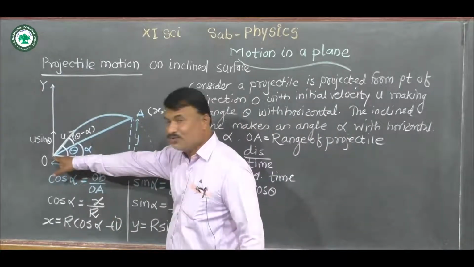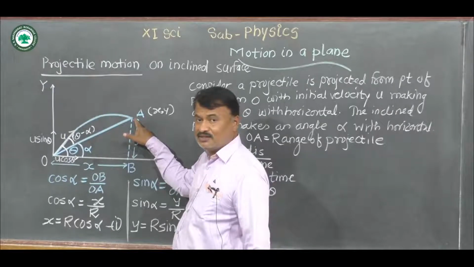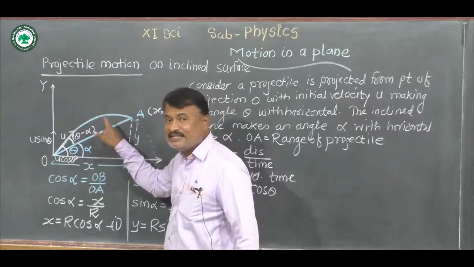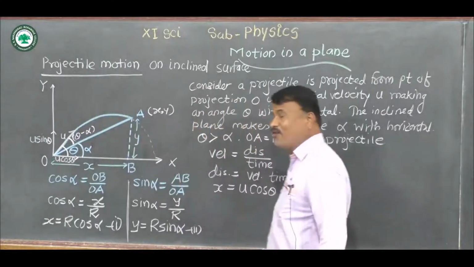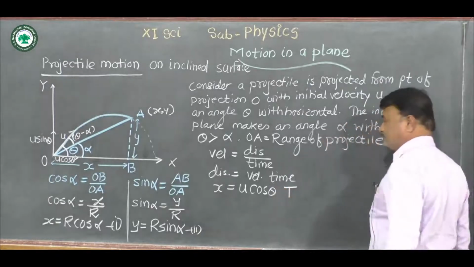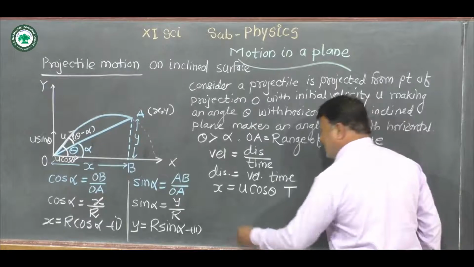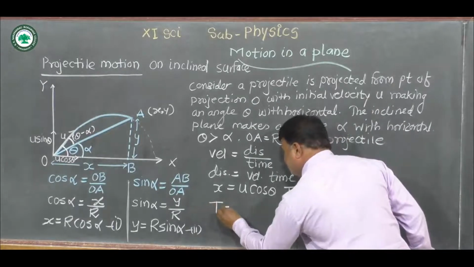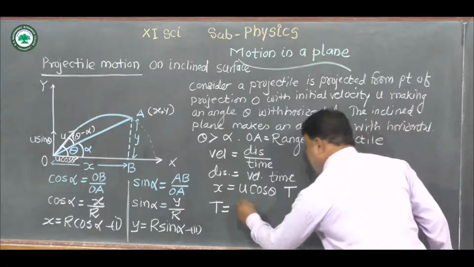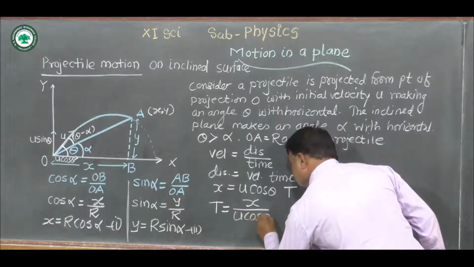Now when the projectile reaches point A, the time required for it is capital T, which is the time of flight, so we write here capital T. Now rearranging this formula, we can find out time of flight T. T is equal to x upon u cos theta.